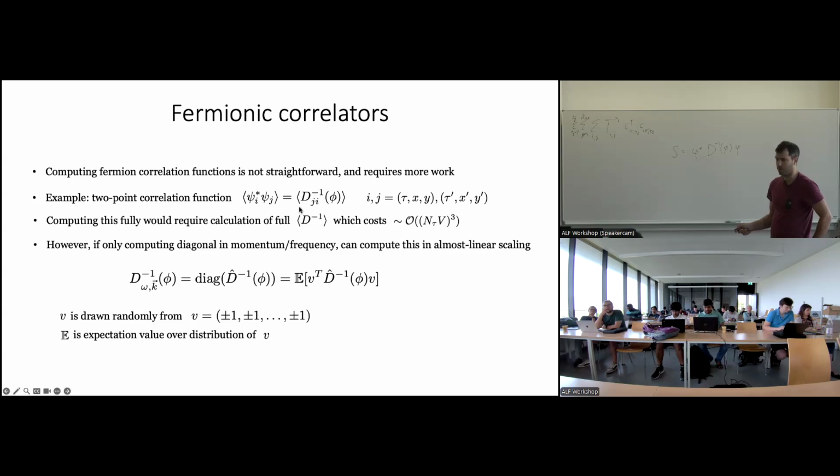Since I don't know how to compress things in this BSS form, and furthermore I just don't have that object, even if I did know, what I have to do, if I want all of these ji, is invert this full matrix D. This costs some exorbitant amount of compute, scaling with tau, the number of time slices, like beta volume cubed. So I definitely don't want to do this to compute the Green's function.